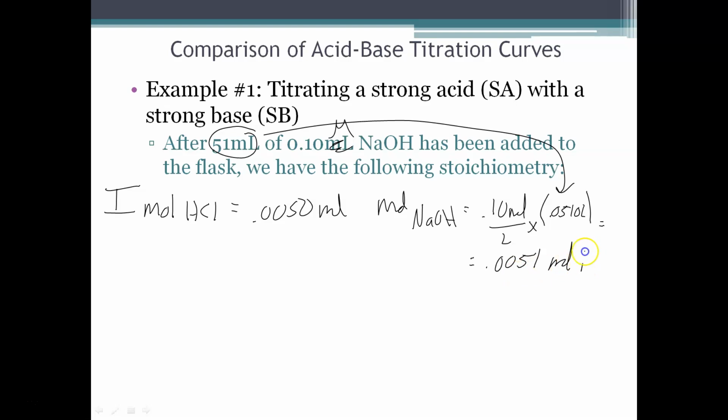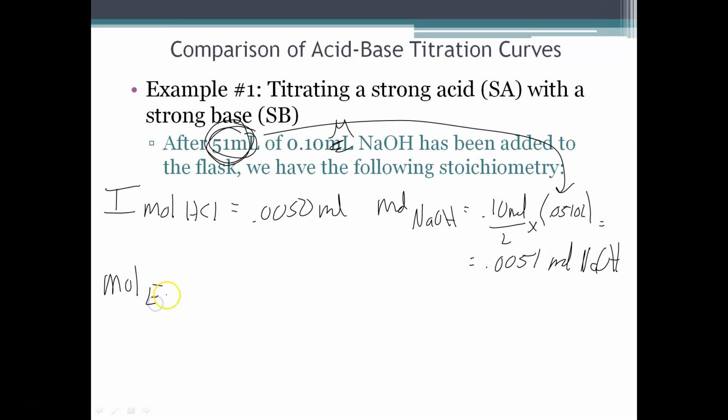So look, we have an excess now of base, right? The first go around here when we had 49 milliliters of NaOH added, we had an excess of acid, because we had to add 1 more milliliter to reach the equivalence point. Now we're past the equivalence point, so we have excess base. Note that on your note sheet it says moles of excess NaOH. That's really important.